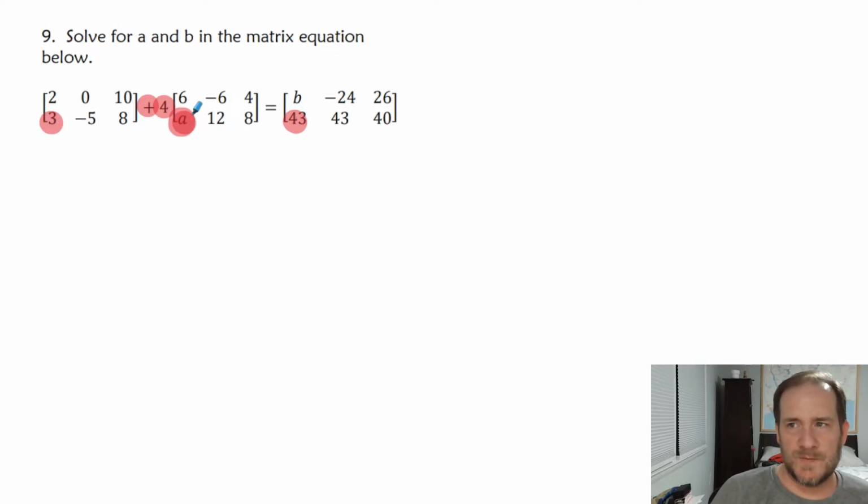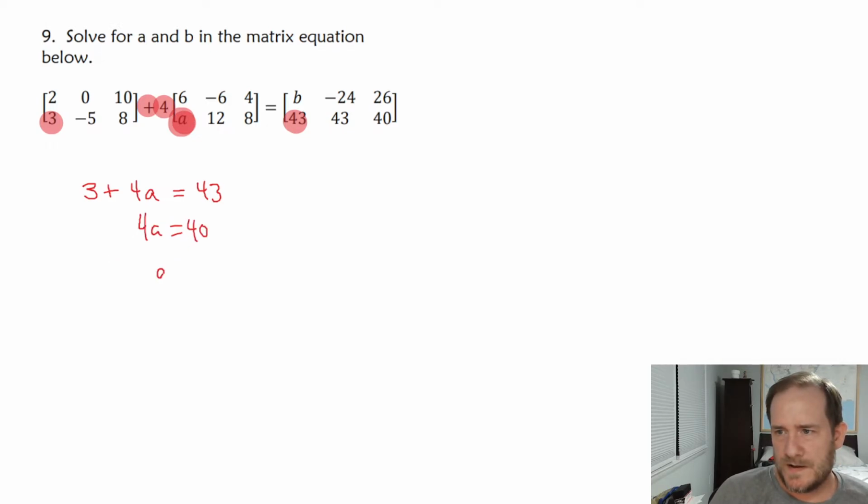So row 2, column 1, row 2, column 1, row 2, column 1. So you can just pull out those few values and write yourself a basic algebraic equation. So you know that 3 plus 4a would equal 43. And you just solve that equation. So 4a equals 40, a equals 10.